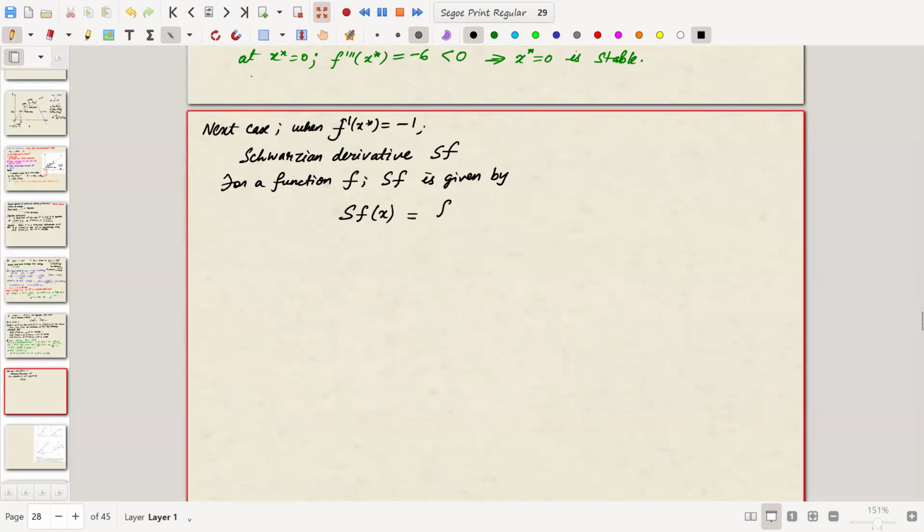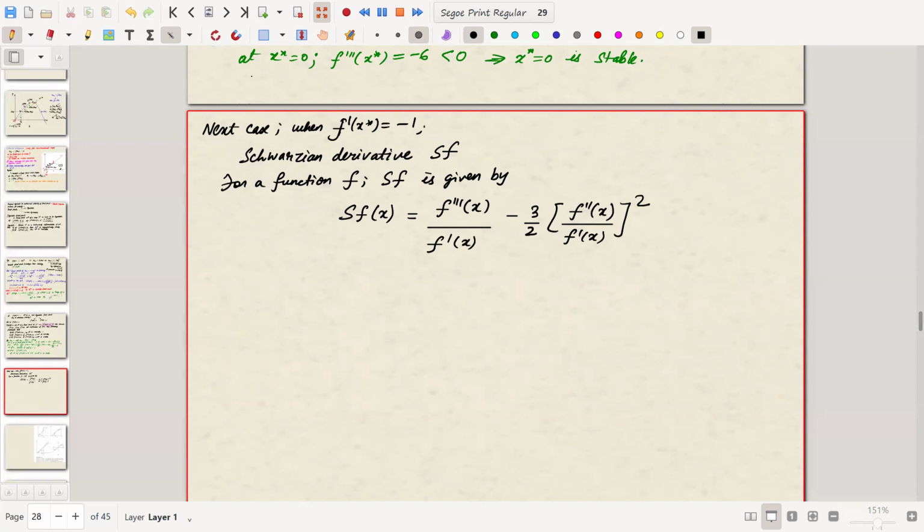It is given by this huge quantity. No need to worry about this. This part is technically involved. It's okay if you don't get it, but you should know about this. So the Schwarzian derivative is given by this function.